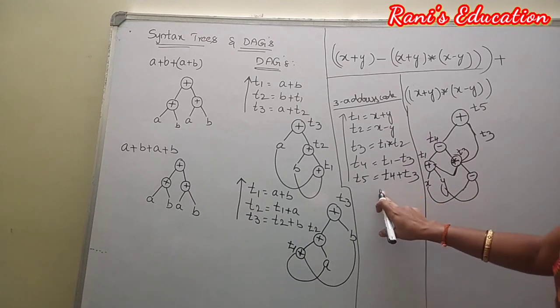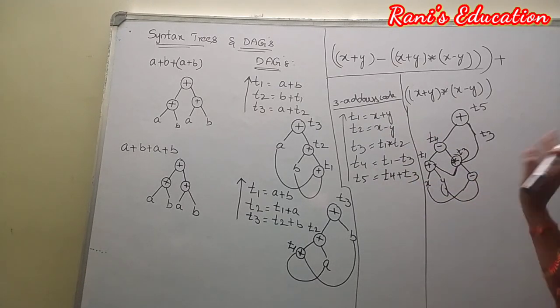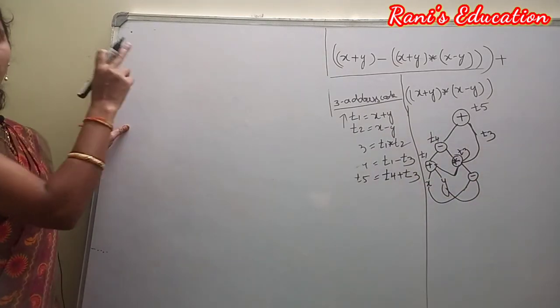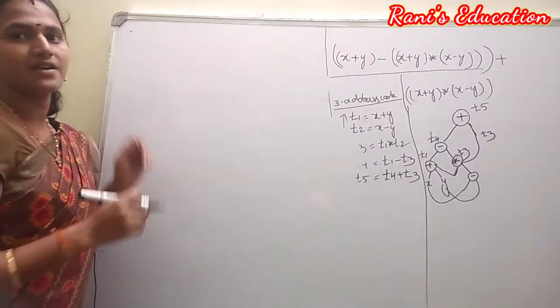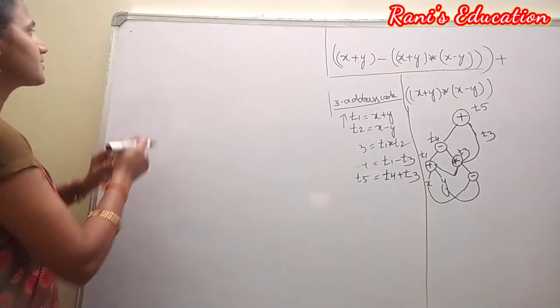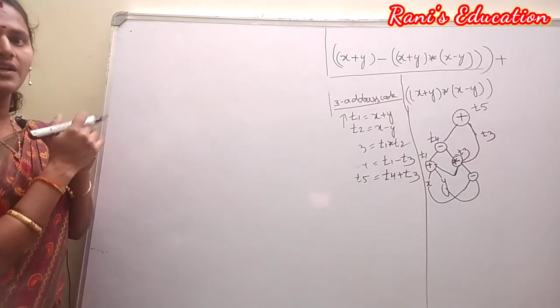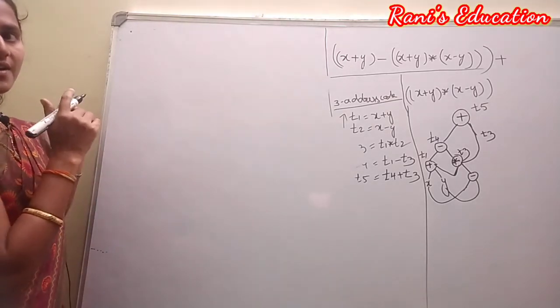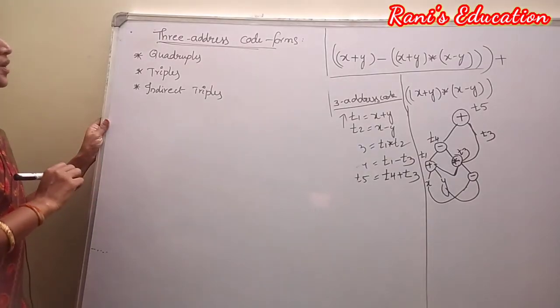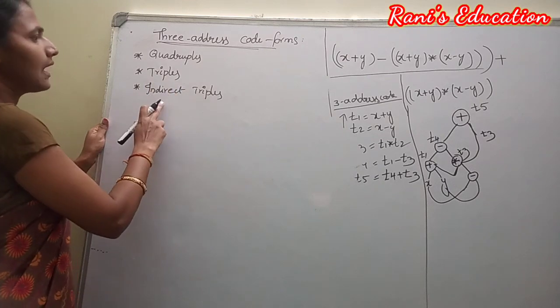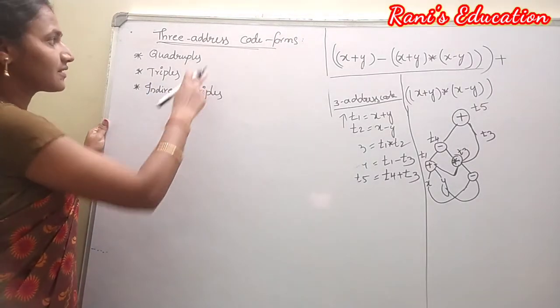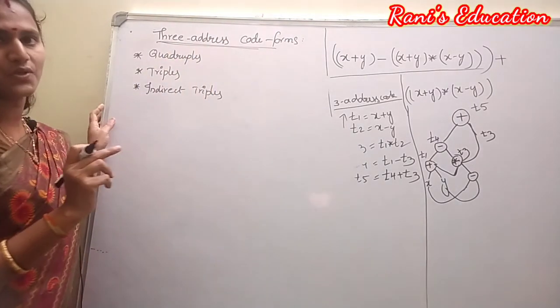First we need to write the 3 address code, then go for DAG construction. What are the different forms of 3 address code available? Mainly we have 3 different types: quadruples, triples and indirect triples.